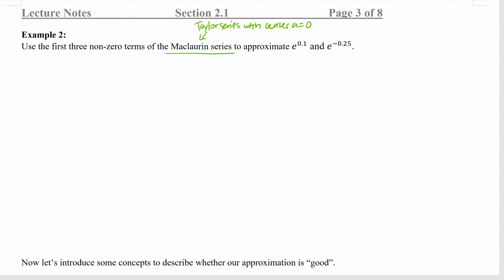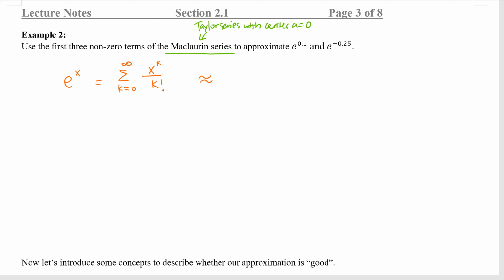All right, so let's see how we solve this problem. This is an exponential function, so we should consider e to the x. The Taylor series of e to the x is the sum from k equals 0 to infinity of x to the power of k over k factorial. We want to approximate using the first non-zero terms.